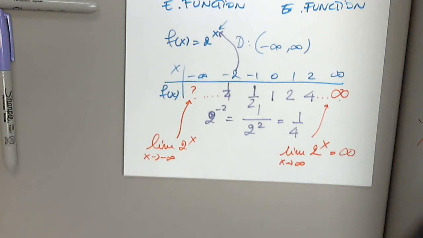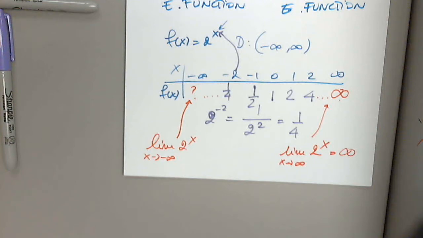Because I have the same situation when this is negative infinity. So this is 1 over 2 to infinity. But 2 to infinity approaches infinity. So how much is 1 over infinity? Meaning I have a cake and I want to share it with everyone on the planet. When I knock on your door, how much will be left? If I start, let's say, in India.